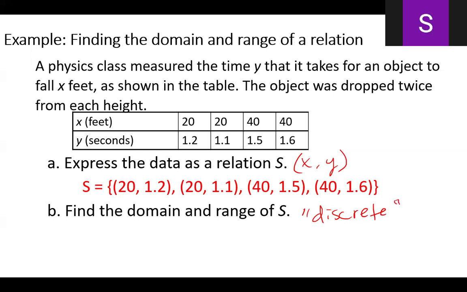It's not continuous. It's not going forever to the left or forever to the right or forever in both directions. It's a specific situation. So this is a specific set of data. When we write our domain and range, we're going to list out all the values. For example, my domain here would be 20 and 40 because those are the two values in my x's, my two x values.